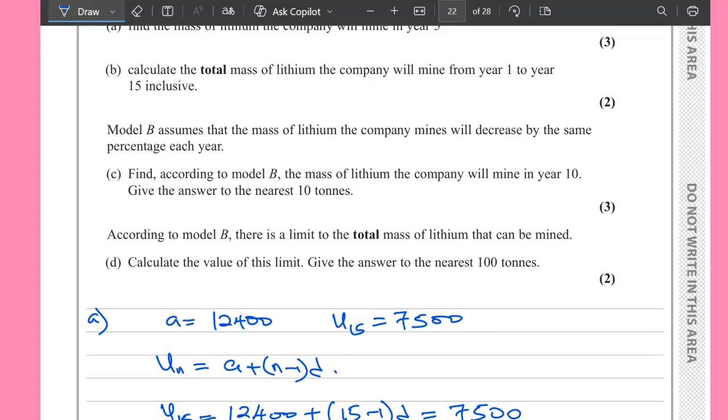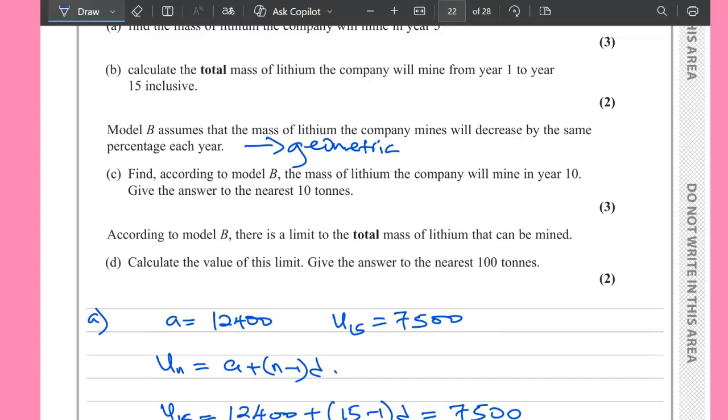Give the answer to the nearest 10 tons. So based on the information we have, you realize that part C, this is a geometric progression, because it decreases by the same percentage each year.